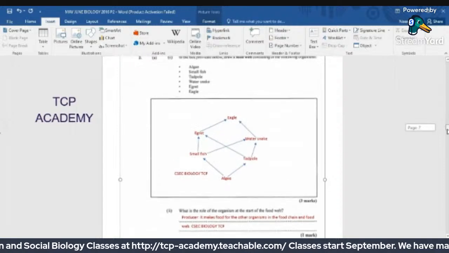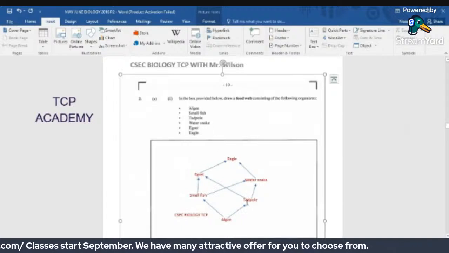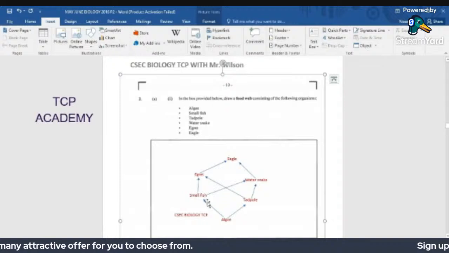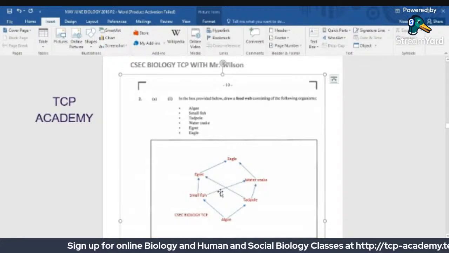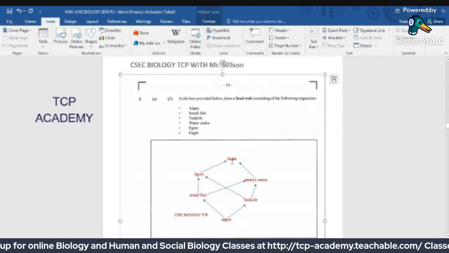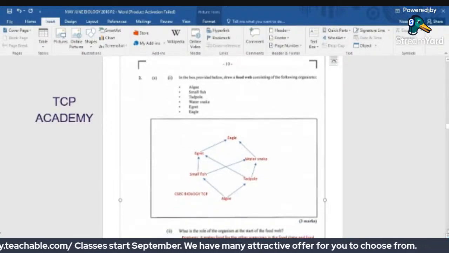So you're seeing here algae being the producer, tadpole being a primary consumer, and small fish also a primary consumer. Then we have the water snake, which is getting some tadpole and some fish in, snacking, so that is a secondary consumer, and we have the egret pretty much doing the same. The apex predator here is going to be the egret, and that would nicely top out this question, making it 3 marks easily obtained just now.